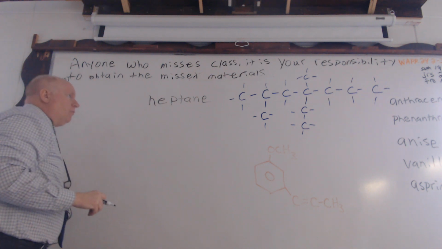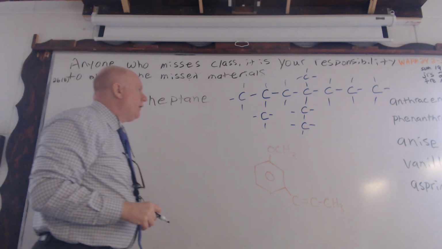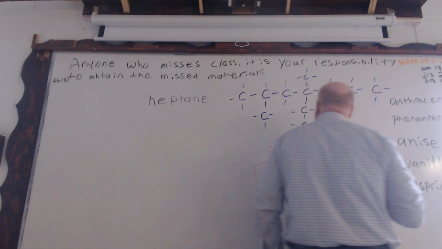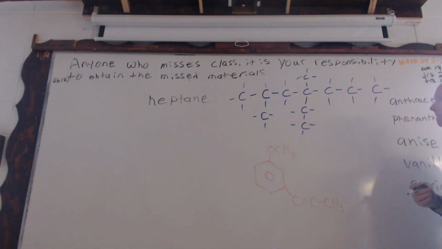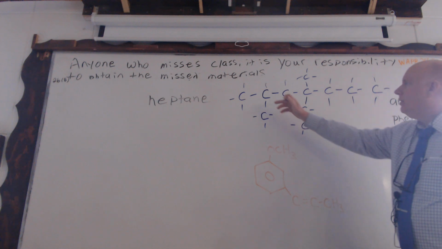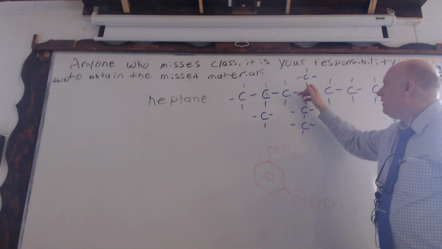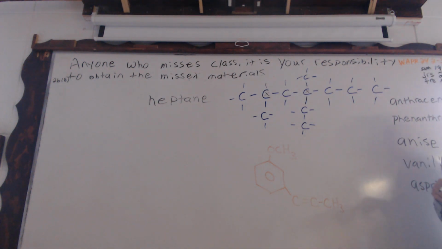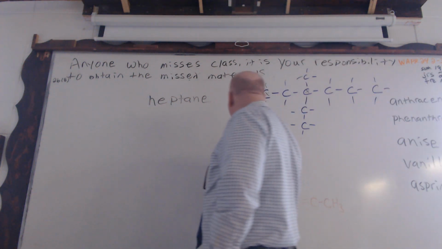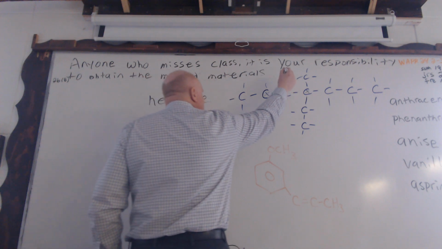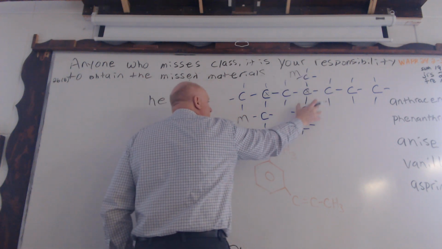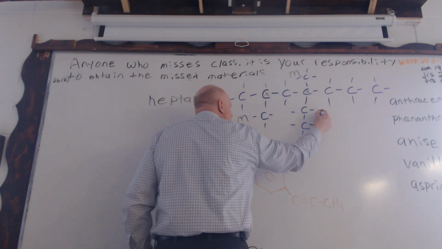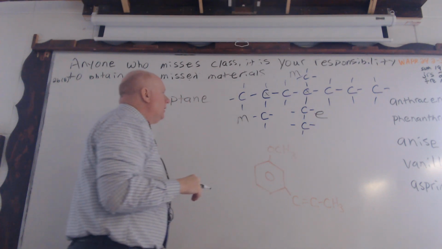So then what do we have branching off of our heptane? We have two methyl groups. So when we say X marks the spot, that's where we've got derivatives that are branching off of our parent chain. We have, as you had alluded to, a methyl group here, we have a methyl group up here, and what do we have here? We have an ethyl.